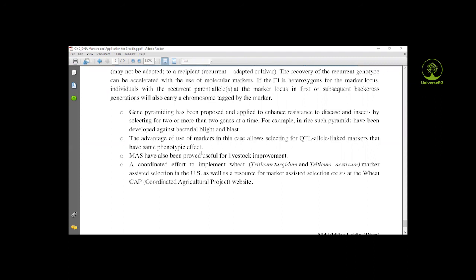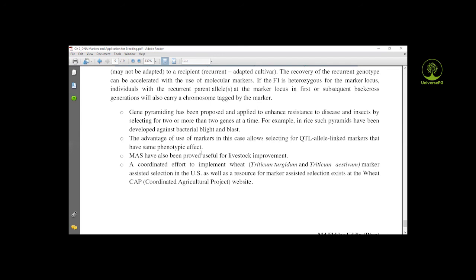When we create a disease resistant or insect resistant plant, we first isolate the specific gene from a specific organism, and then it is incorporated into the specific plant. For example, in rice, pyramids have been developed against bacterial blight or blast.